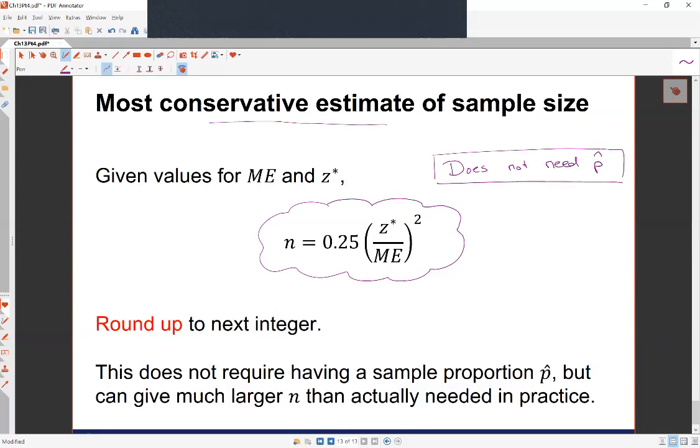You do the calculation and then round up to the next integer. But the most conservative estimate has the downside that it can give you a result requiring a much larger sample size than what you will actually need in practice. And I will illustrate this again tomorrow during our live Zoom session when I do some examples of this.